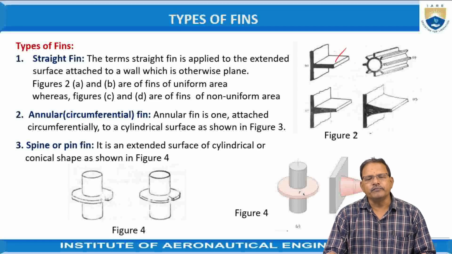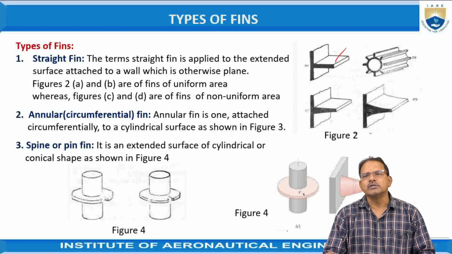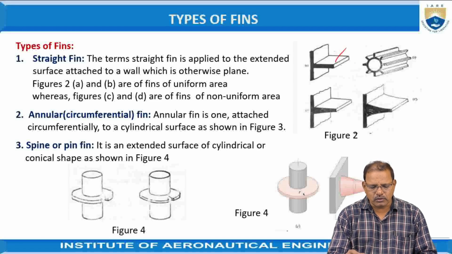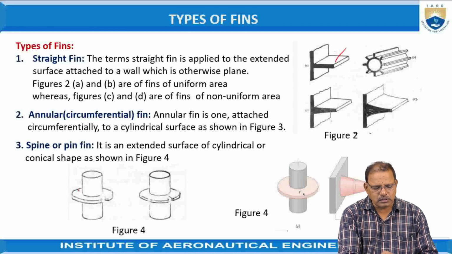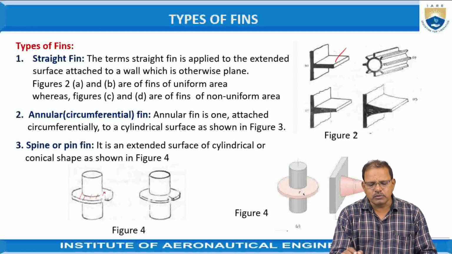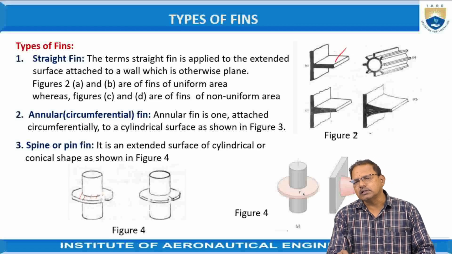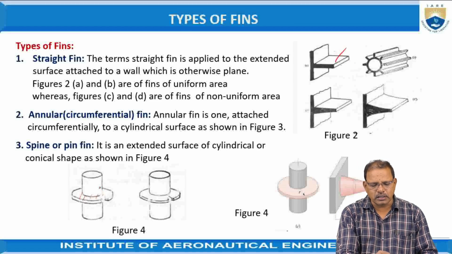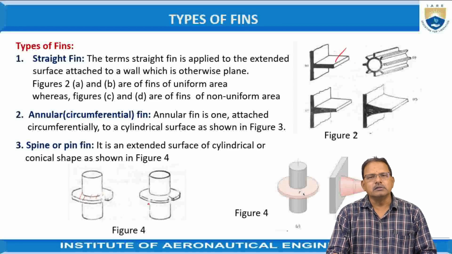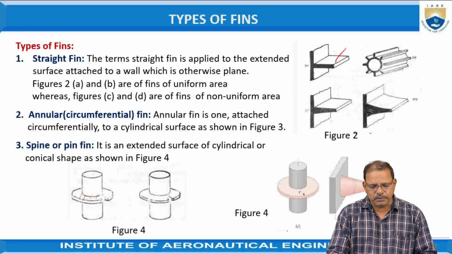Then the annular fins. The annular fin is one attached circumferentially to a cylindrical surface, as shown in the figure. This is known as the annular fin. It is in the form of concentric circles attached to the cylinder shown in the figure. And then the spine or pin fin.